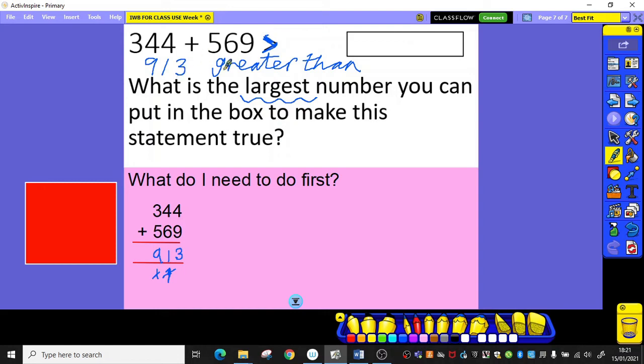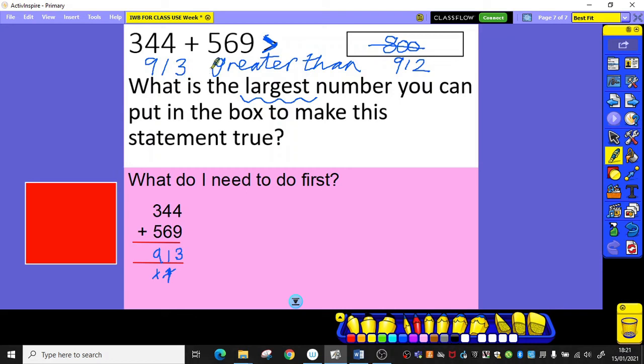So I could easily say 913 is greater than 800. But I think I can go for a larger number than that, and I know that's what I need, is the largest number. So I think the largest number I can have is 912.